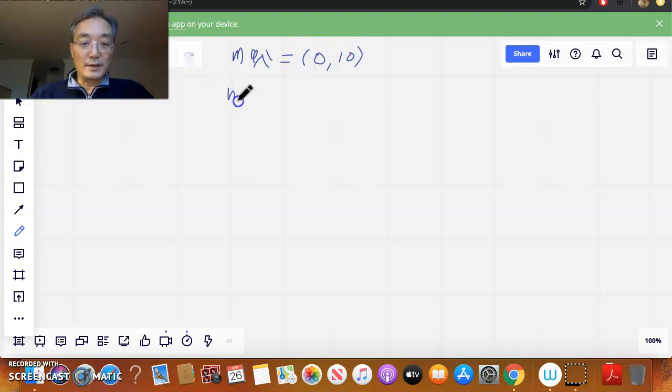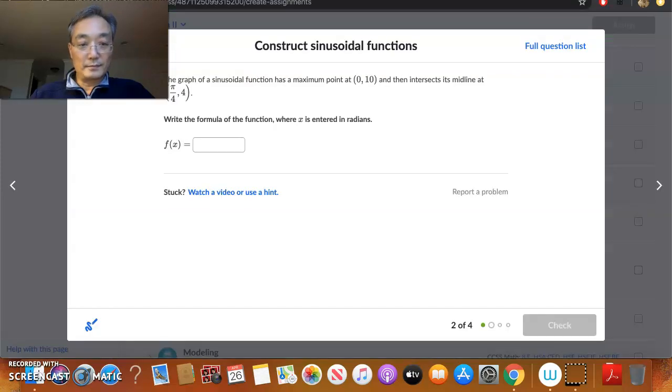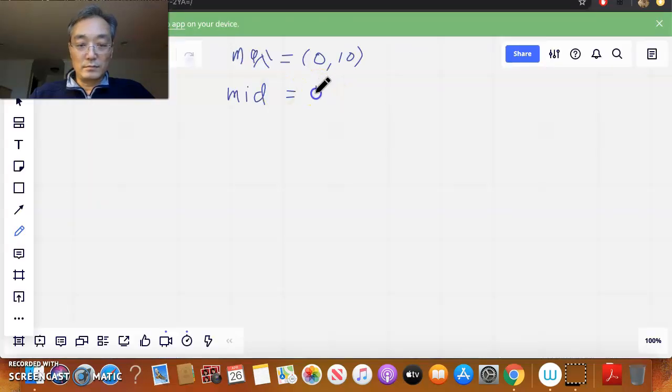And the midline, what was the midline at? Pi over 4, 4. That's the max, by the way, guys.